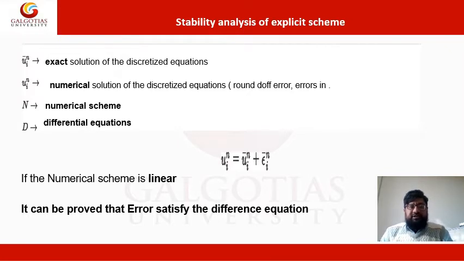So we can calculate our error as: u_i^n, which is the exact solution, will be equal to the numerical solution of the discretized equations plus error.